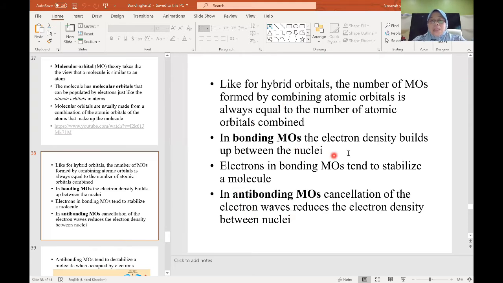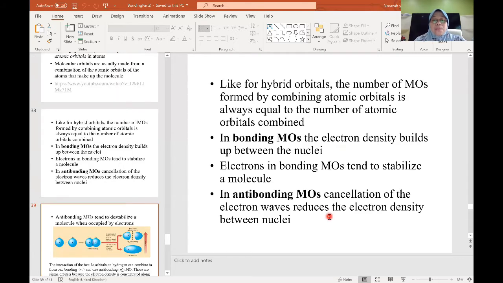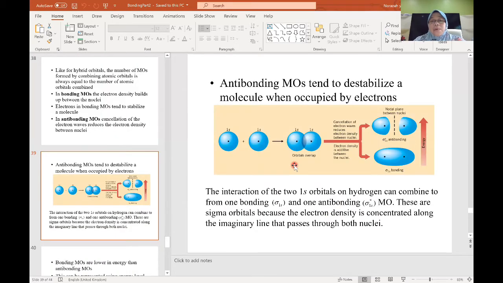So what are bonding molecular orbitals? It is where the electron density builds, meaning the highest electron density is there, whereas the anti-bonding is the cancellation of the electron wave, where the electron density is very low. If you look at it in the form of diagrams, anti-bonding is where destabilization occurs.